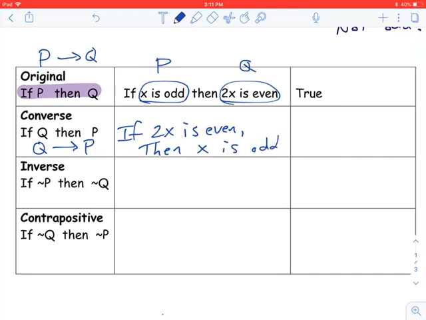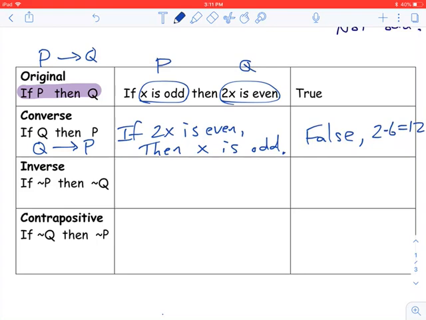So I just switched P and Q, or this phrase and this phrase. Okay? Now, if 2x is even, couldn't I say 2 times 4 is also even? So that is not necessarily true. So we'd say false. Okay? Now, we don't need to find a counterexample, but if we did, we could say 2 times 6 is 12. Okay? X is 6. All right?